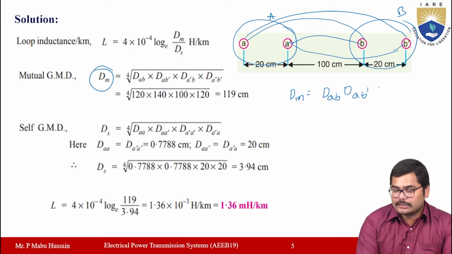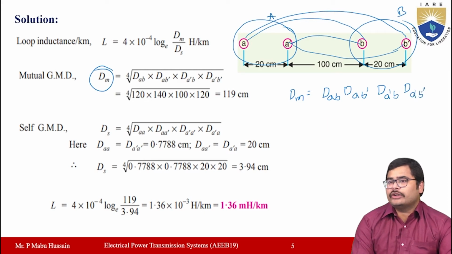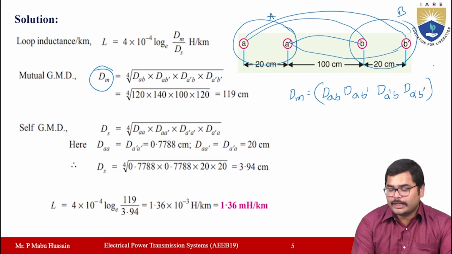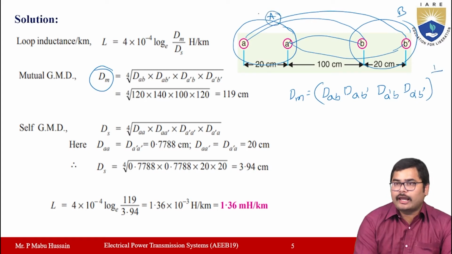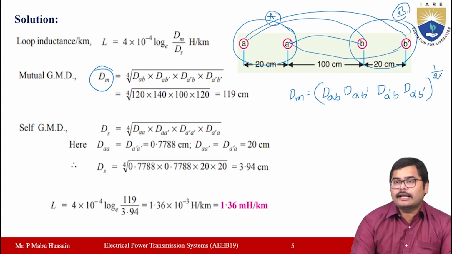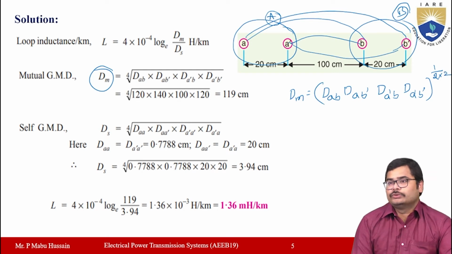That means you have to consider the distance from A dash to B and the distance from A dash to B dash, and you have to take all the products whole to the power of 1 by the total number of conductors in line A, which is equal to 2, multiplied by the total number of subconductors in line B, which is again equal to 2.